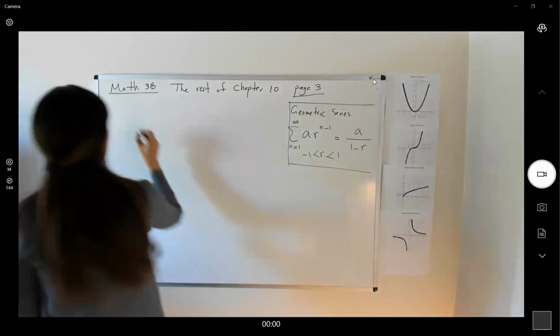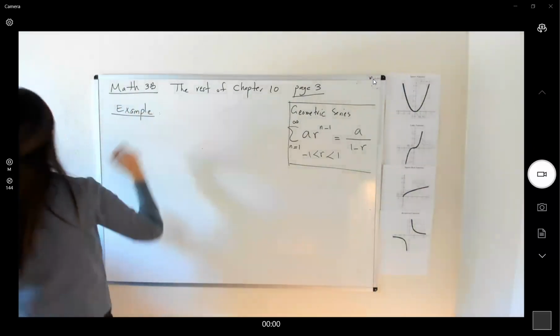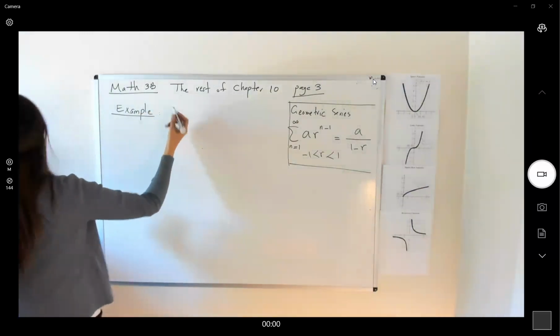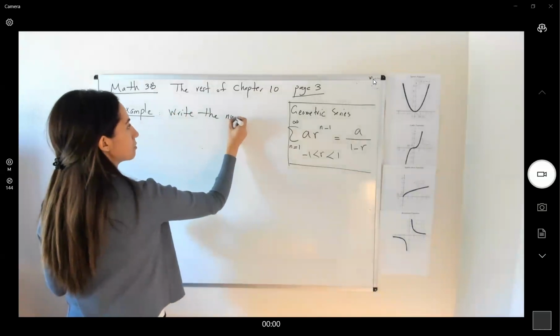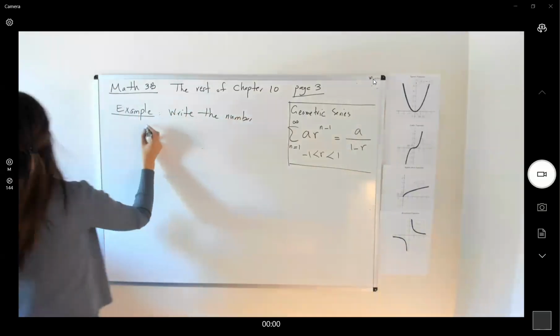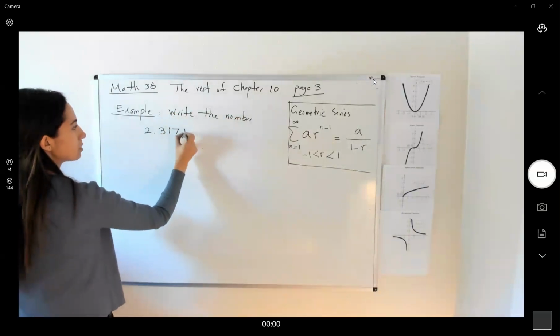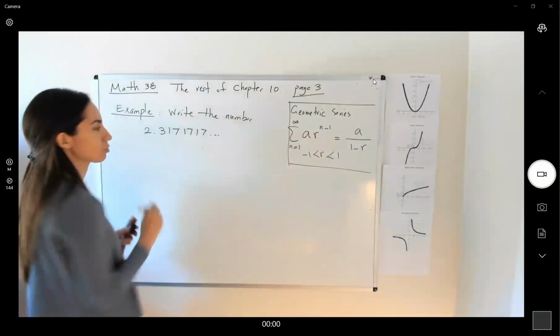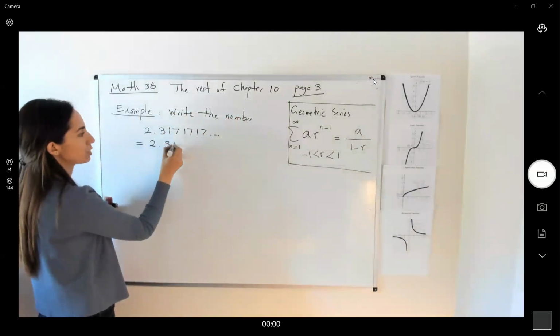See what's going on here. Example. It says, write the number 2.317, 17, 17. Suppose that 17 is repeating here. So you have 2.3 and then 17 repeating.